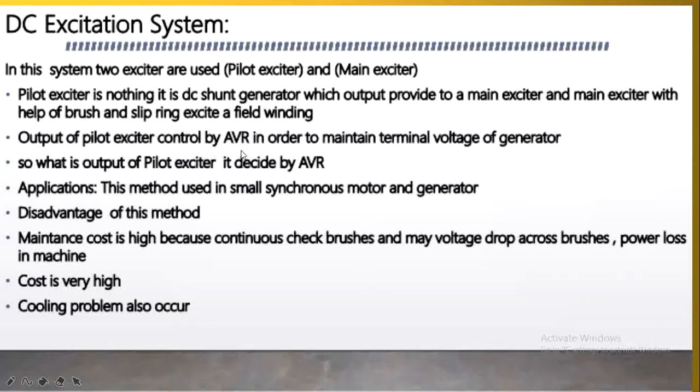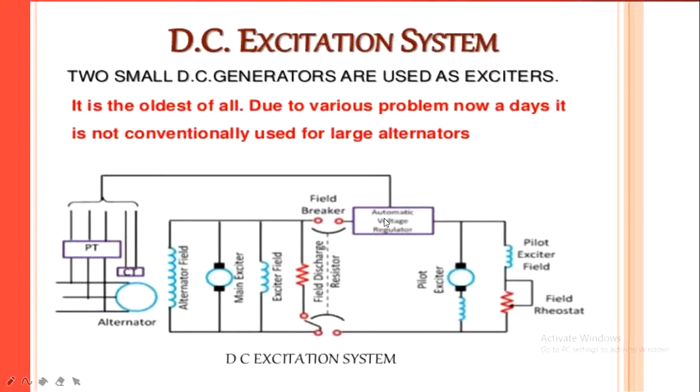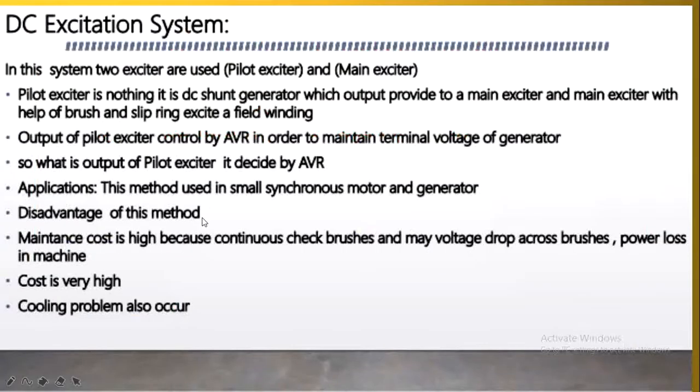The output of the pilot exciter is controlled by the AVR. AVR means automatic voltage regulator. In this slide, the AVR is directly connected to the pilot exciter. The output of the pilot exciter is decided by the AVR. This method is used in small synchronous motors and generators, not applicable for large ones.